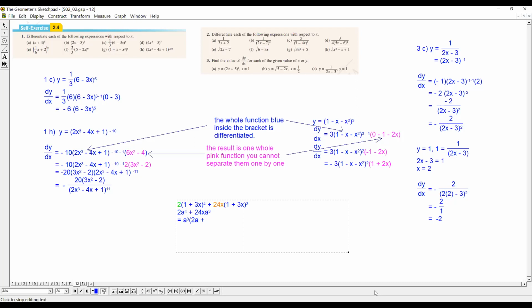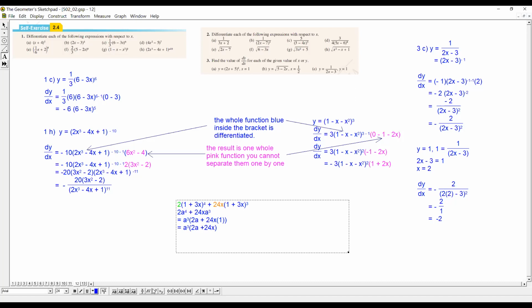Then plus, I take out a to the power of 3 from 24x. It is not 0, it is 1 left. So what I have is a to the power of 3 times 2a plus 24x. Is this okay?